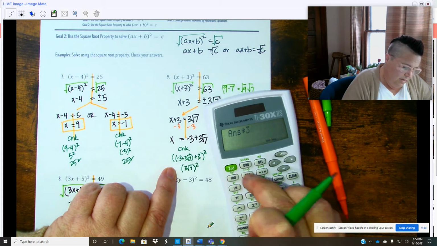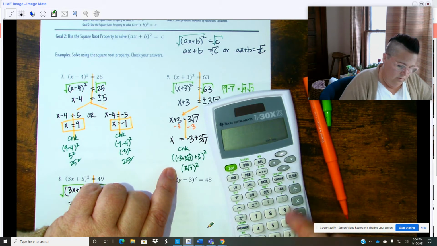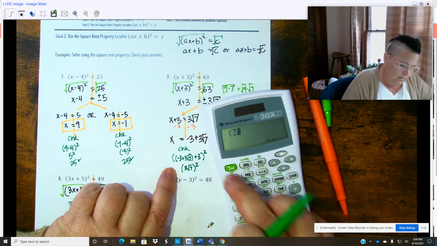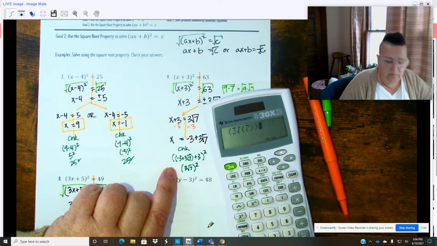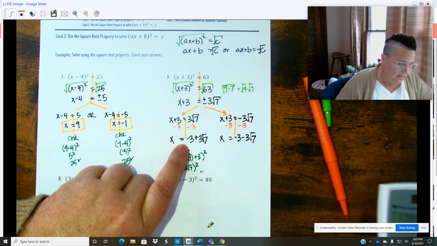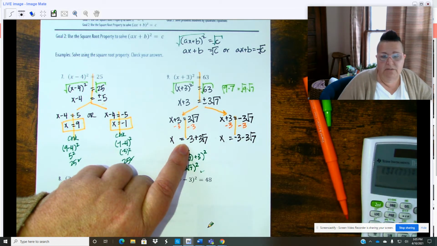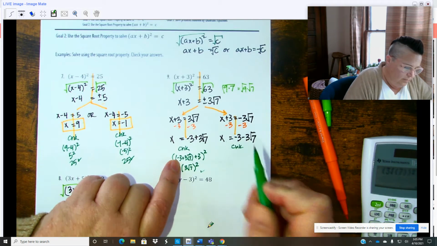So if I do 3 second square root 7, close the parentheses for the square root, close the other parentheses, and I square it, I bet I get a 63. And I did. Okay, so this one does check. This is a valid solution, negative 3 plus 3 square roots of 7. We're going to do the same thing over here. We're going to check this one.